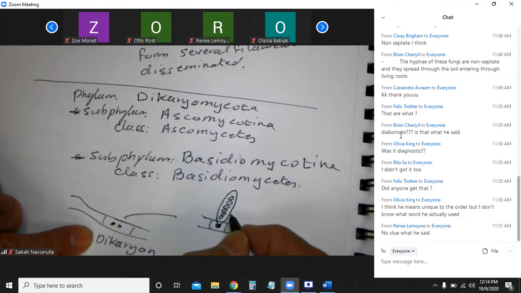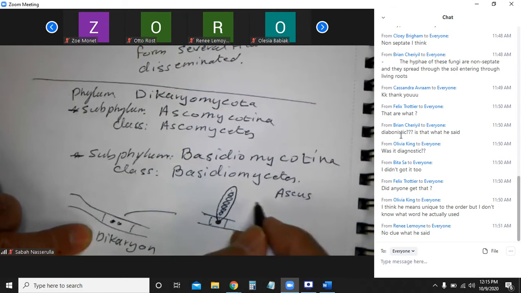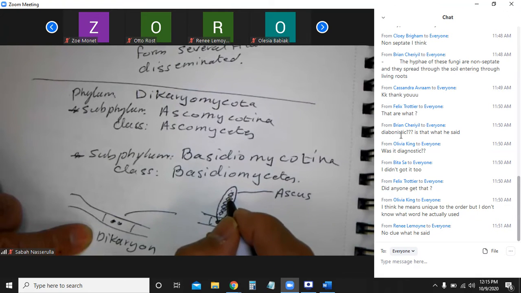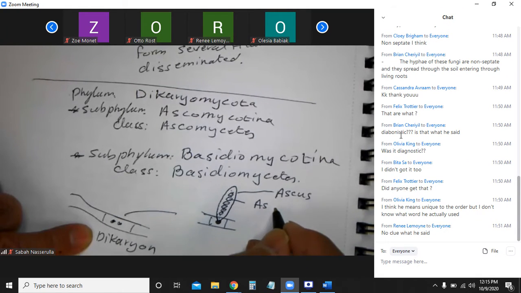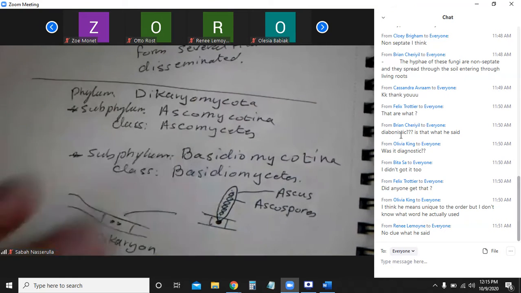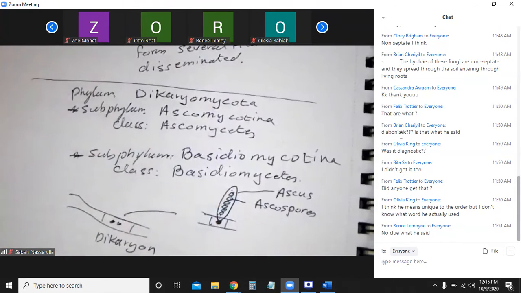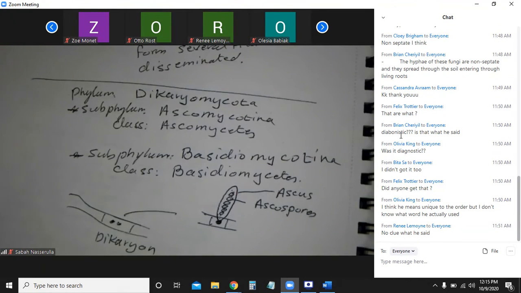This sac-like structure is known as the ascus, and the spores are known as ascospores. You follow this point here? That's why all the fungi that develop that sac-like structure after karyogamy and meiosis, we put in one group known as the ascomycetes, and it is a very large group. You follow this point here?